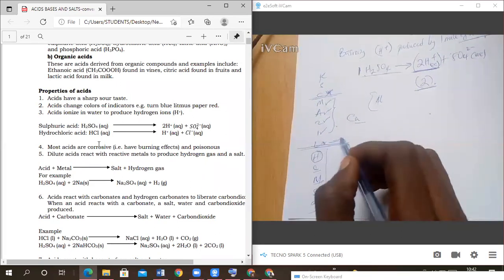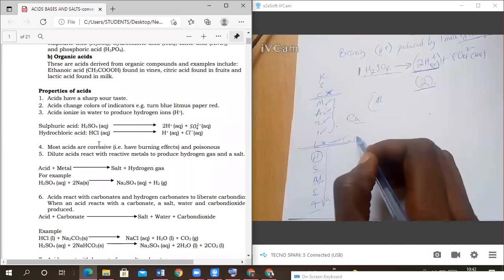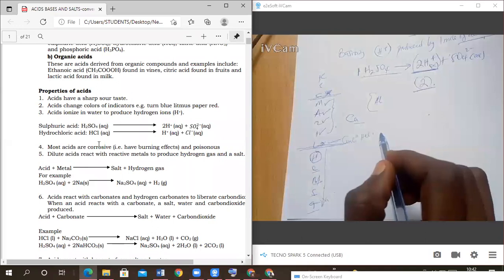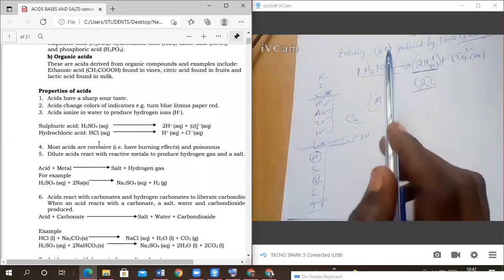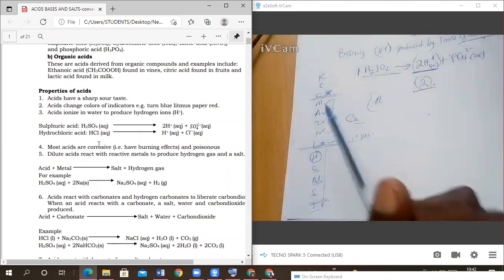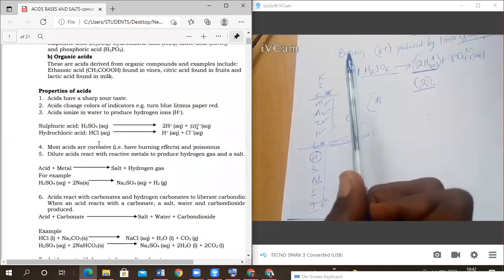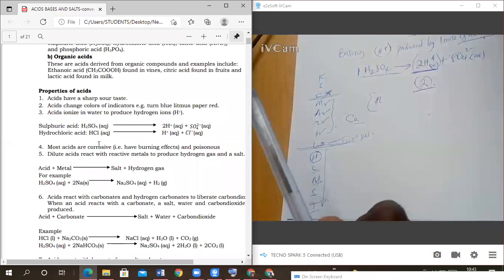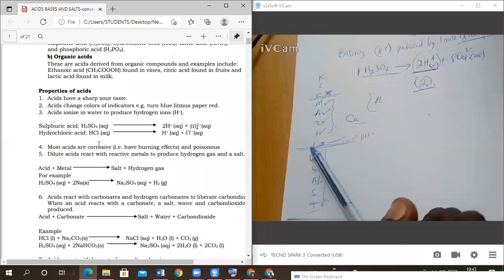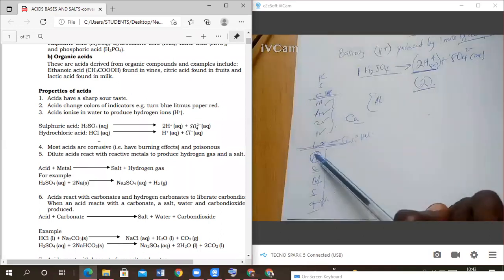Lead can only react with concentrated hydrochloric acid, not sulfuric acid. The reason is it forms an insoluble salt, lead sulfate, and this lead sulfate stops any further reaction. So it cannot react with sulfuric acid. Copper cannot displace hydrogen.